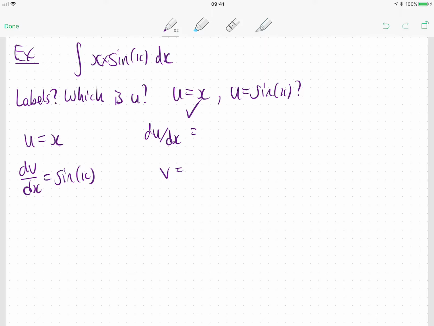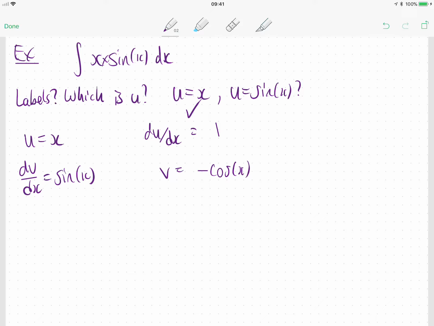So find the other pieces of the puzzle. Differentiate u, so differentiating x with respect to x is 1. For this one, I must admit, I tend to just guess. Pick some v which differentiates to sine. I don't know, probably cos or minus cos. Cos differentiates to minus sine. So my guess didn't work, but I can fix it.